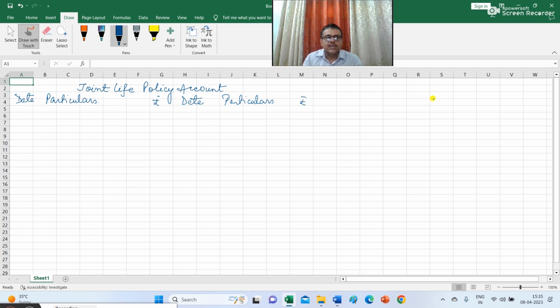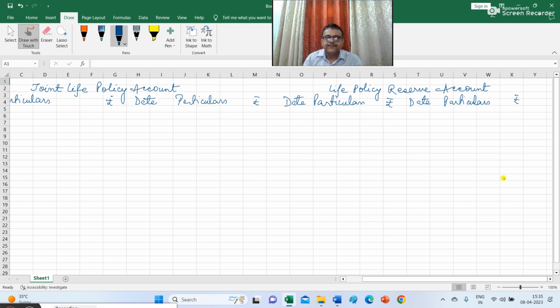And simultaneously, I am going to prepare the life policy reserve account. The same structure you have to follow: date, particulars, rupees, then date, particulars and rupees.